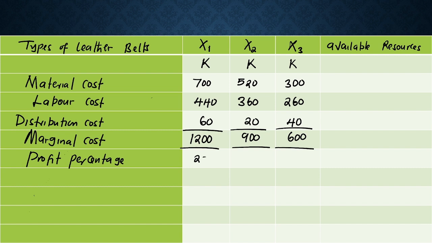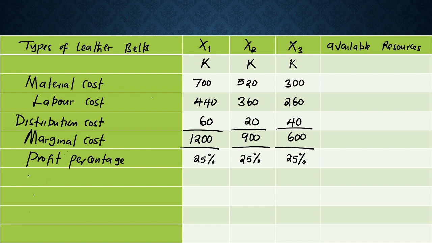We have 25%. So that's going to be 25% of the 1,200, 25% of the 900, and also 25% of the 600.